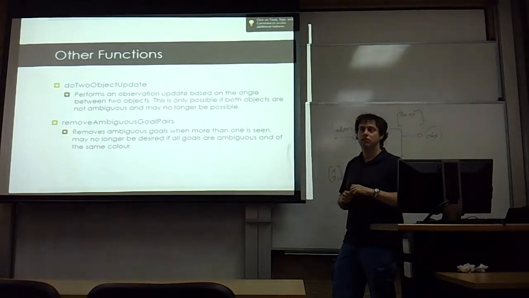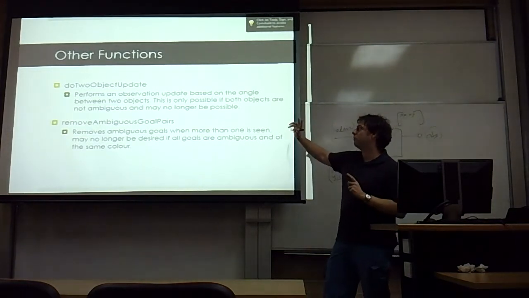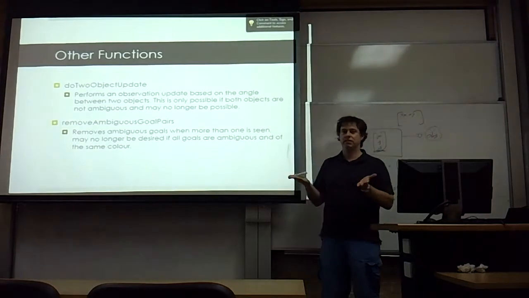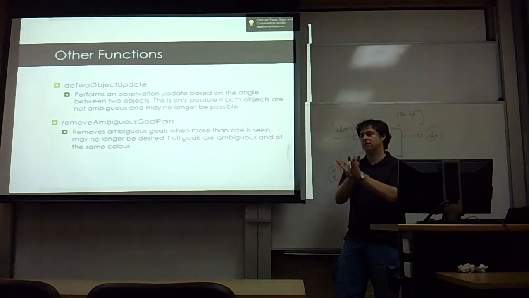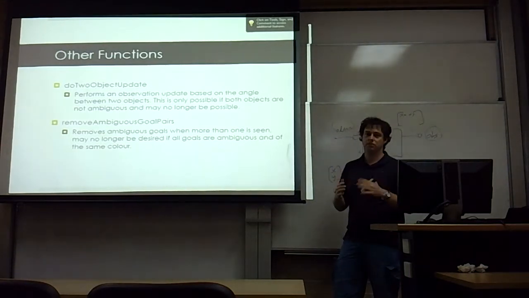But that's the reason this is really good: the heading is usually pretty spot on, maybe a fraction of a radian off or something. And so when you're looking at the angle between 2 objects, that's usually a pretty good measurement, because even any errors are usually uniform, because they're due to like the head position or something.